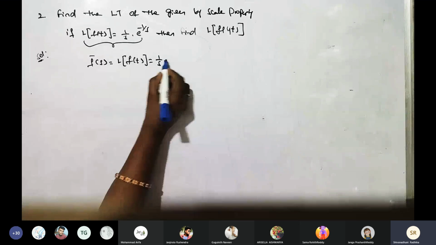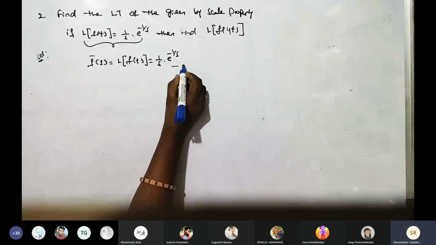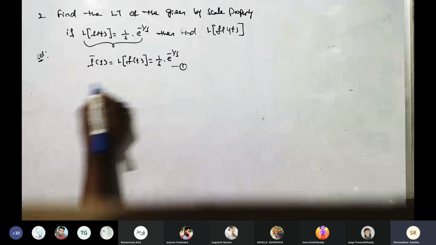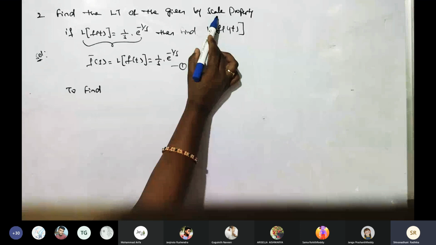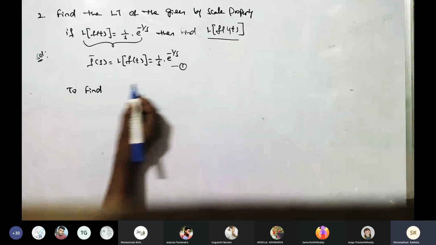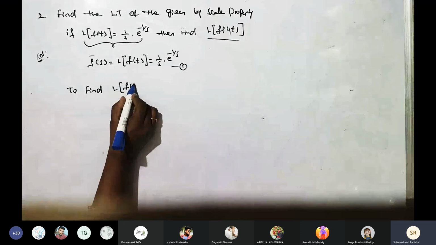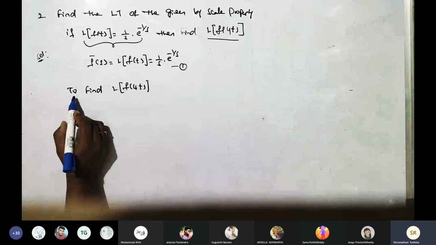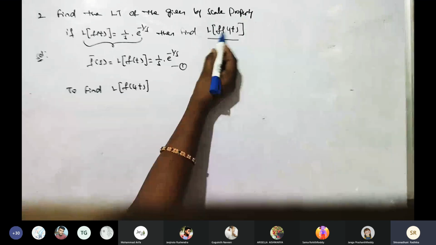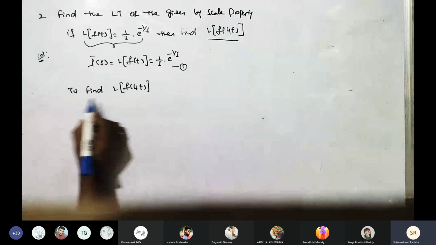What do we need to find here? The Laplace transformation, by using the scale property, of L of f of 4t. Listen carefully. Just I am using only the scale property.